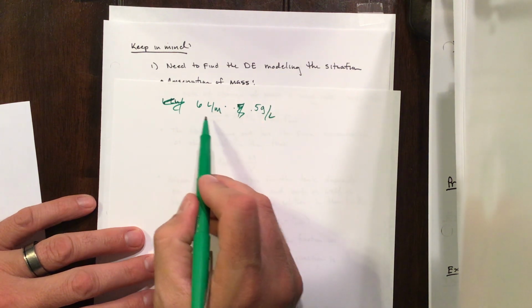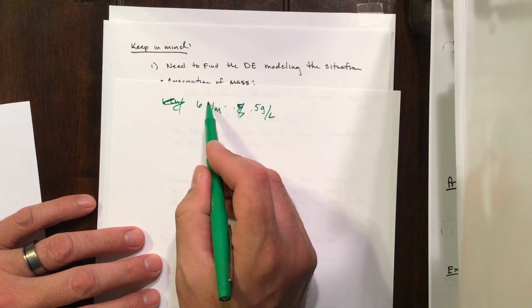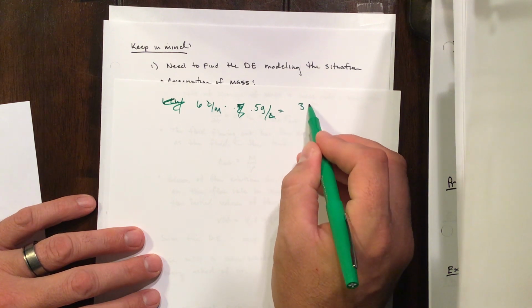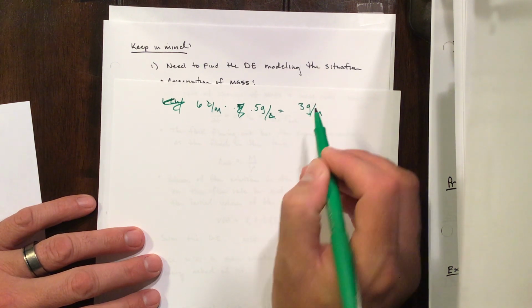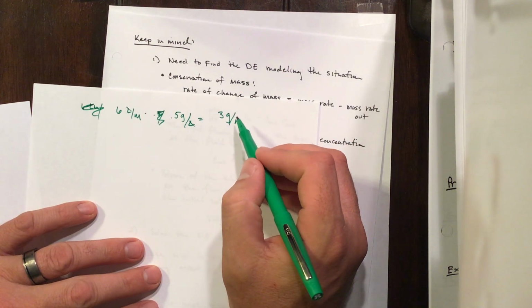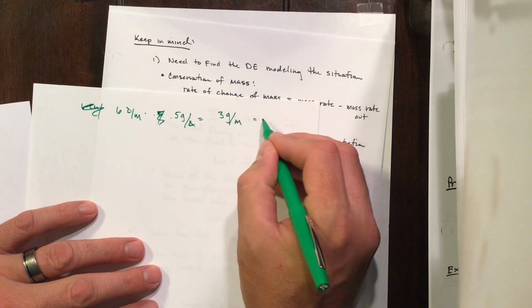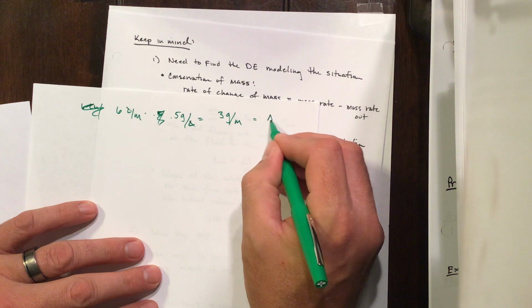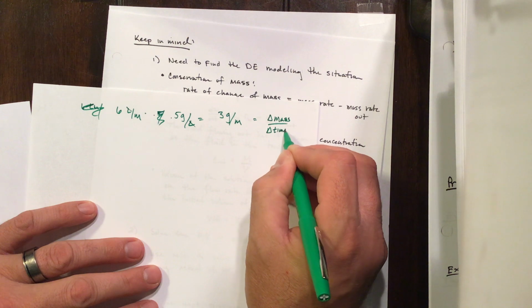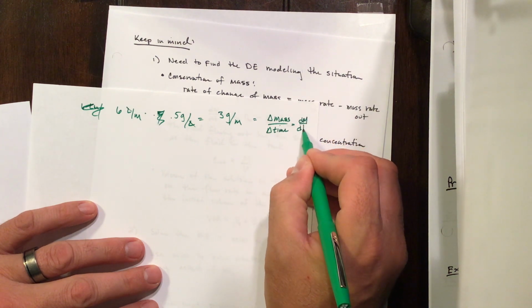So if you have the solution going in at 6 liters per minute at half a gram per liter, the liters cancel, and you're left with 3 grams per minute. And what is that representing? Well, grams is a measure of mass, and minutes is a measure of time. So what this is representing is the change in mass over the change in time. And if we look at it at an instant, that's dM/dt.